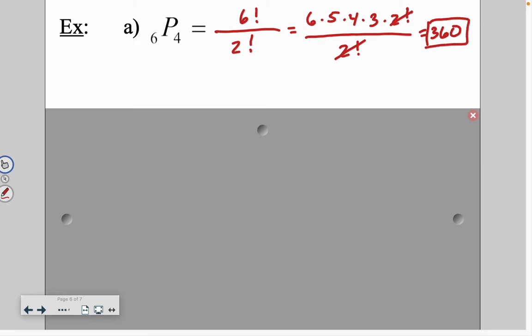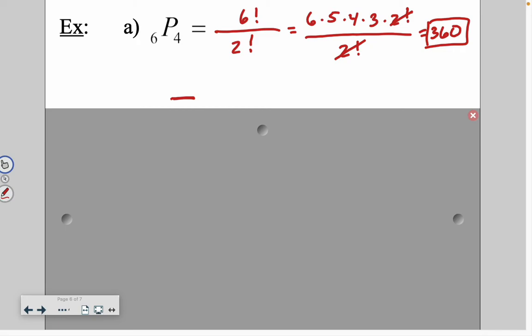So that's kind of the formula version of things. Let me ask you again. I'm going to have you see it a different way so we're connecting how we've been talking about it to this formula. The second number is like the number of blanks. Think about it this way. If this is blank number 1, how many options do I have for blank number 1? 6, right?